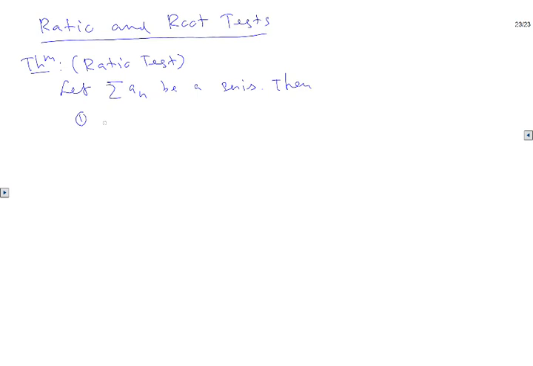The first one: if the limit as n goes to infinity of the ratio an plus 1 over an, we divide two consecutive terms and take the absolute value of that, we're going to call that rho.